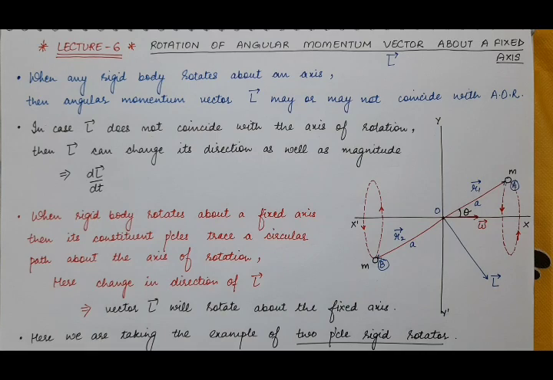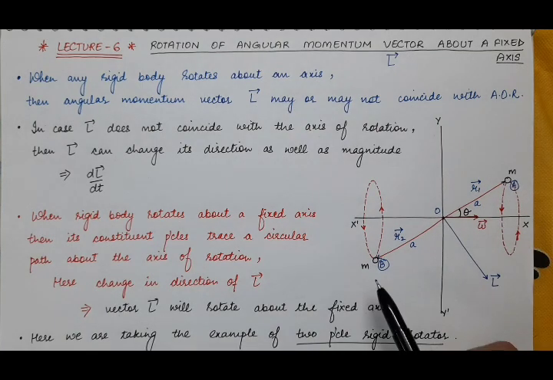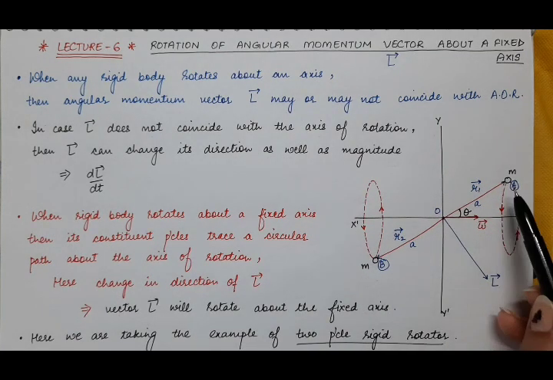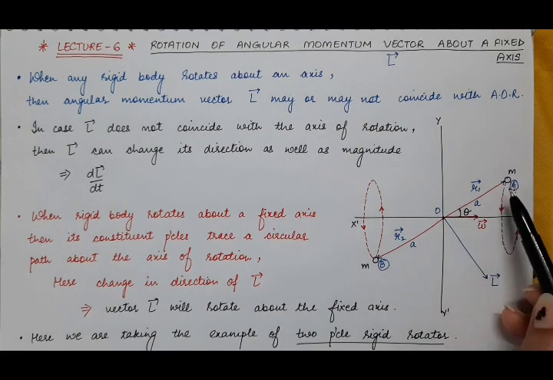So here the rigid body is a two particle rigid rotator, where we have attached two equal masses, small m, to the ends of the massless rod, and the length of the massless rod, suppose, is 2a.